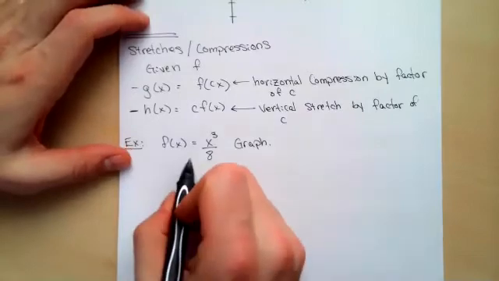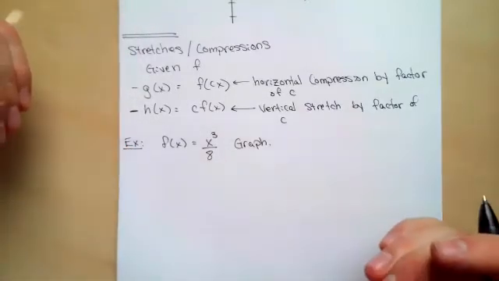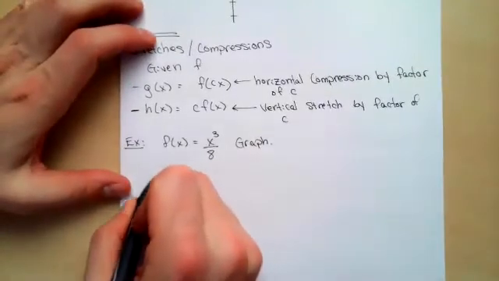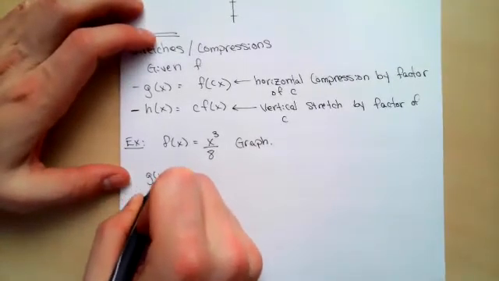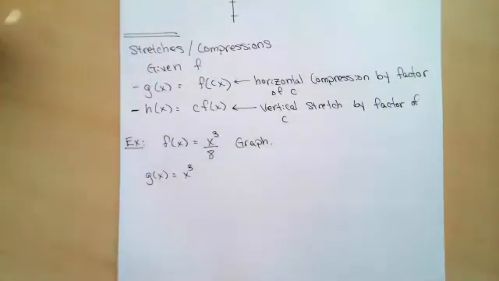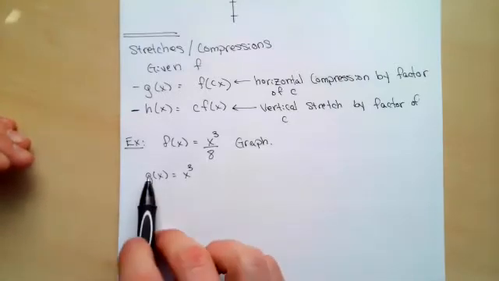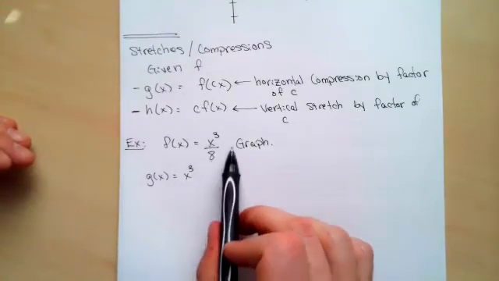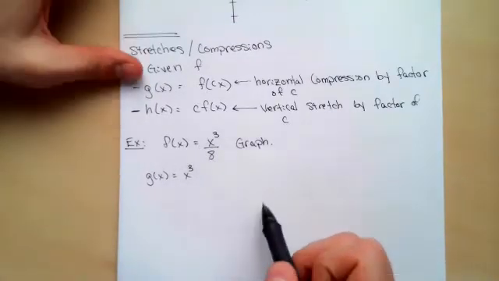If I don't tell you the transformation, you have to come up with the transformation yourself. We can write this in two ways. You can either think of this as a vertical compression or a horizontal stretch. So let's pick our base function. Our parent function is going to be x cubed. And how do I get to this function from x cubed?